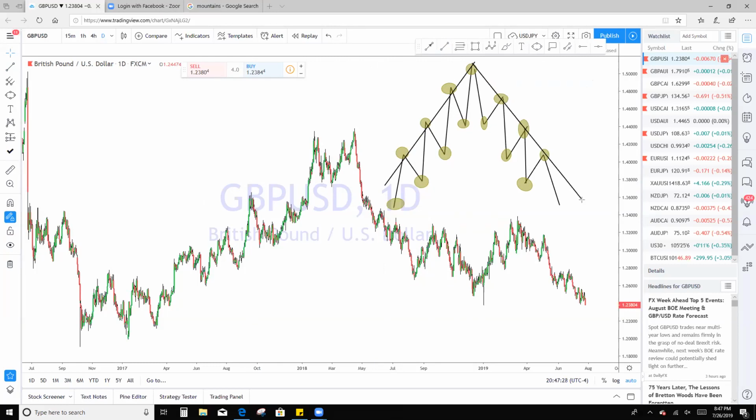One of the things I really recommend is enclosing your price, enclosing the mountains. Anytime you draw a line, get in the habit of cloning that line. When you clone that one line, it draws you an identical line where you can connect the bottom.